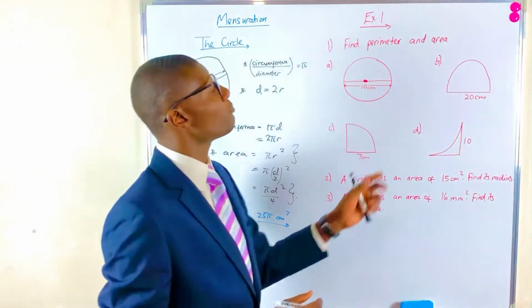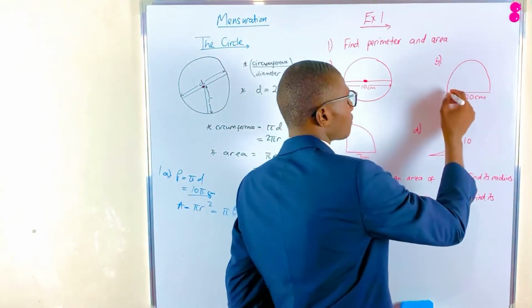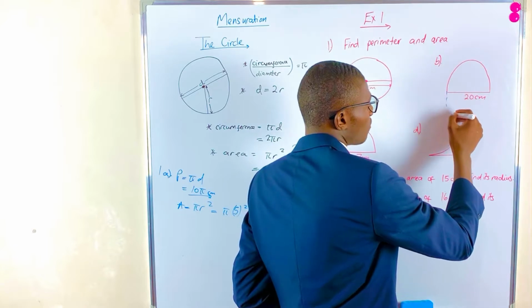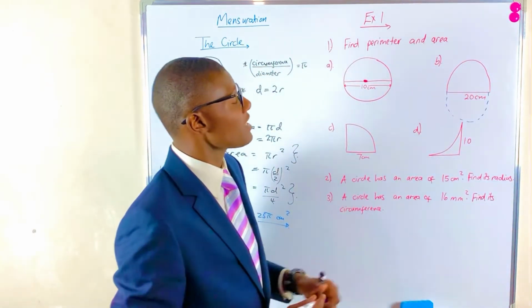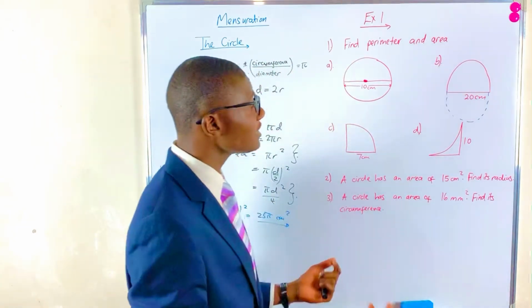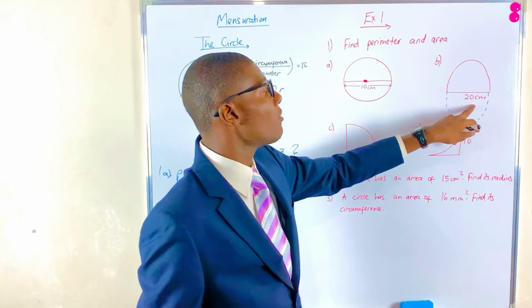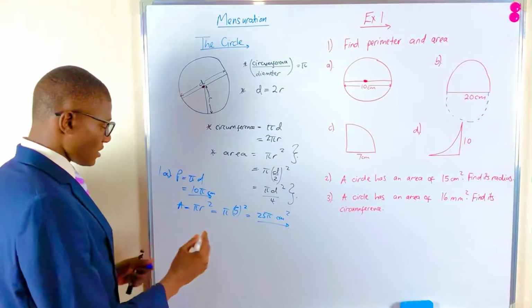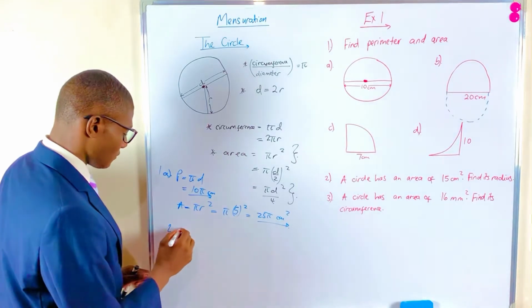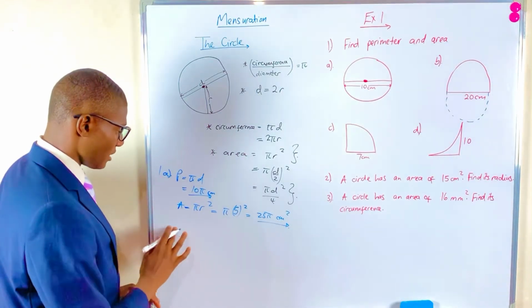Now for part B, we've got a semicircle, because of course the whole circle would be something like that, but we've got a semicircle. This is now number 1b.